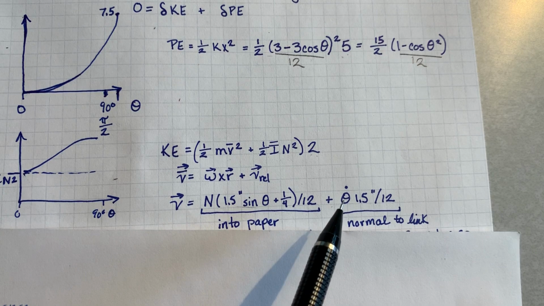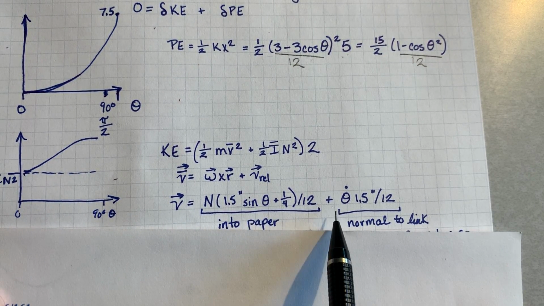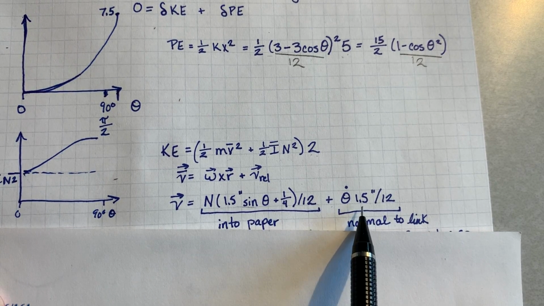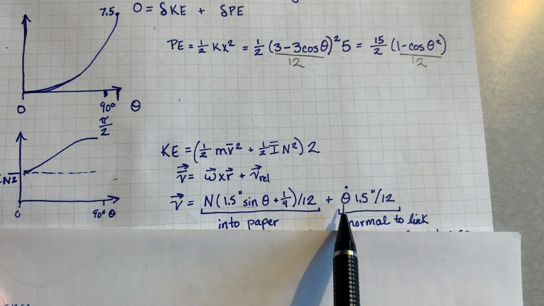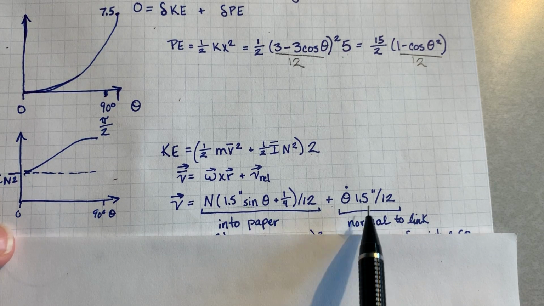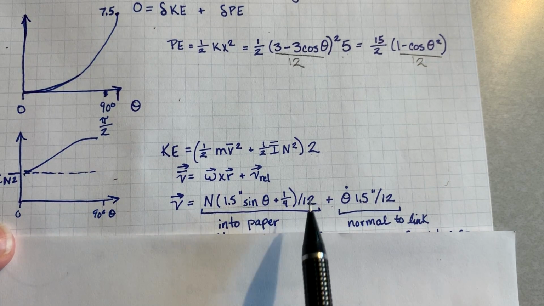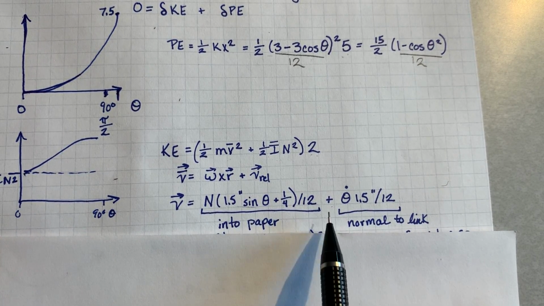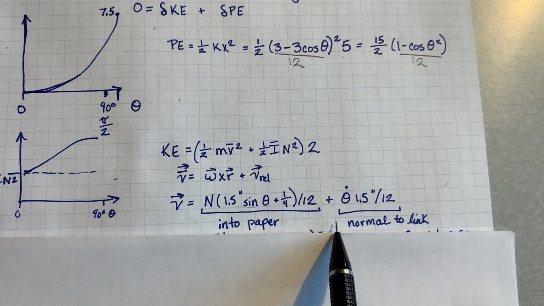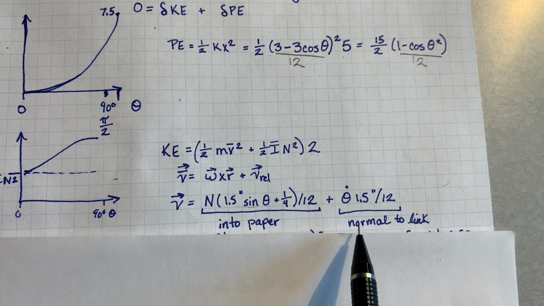Again, you might argue, shouldn't there be some velocity based on theta dot times the link length? Shouldn't there be some change? Yes, there would be. It would be normal to the link, if you're looking at the vector velocity. But for virtual work problems, you don't have to worry about the rates of change of theta, because we're thinking about equilibria, where theta is going to be constant, and we're going to be able to read it from the needle.